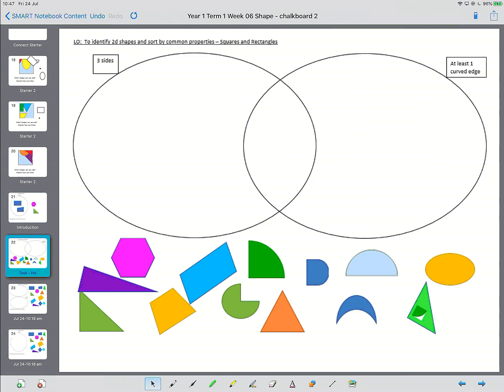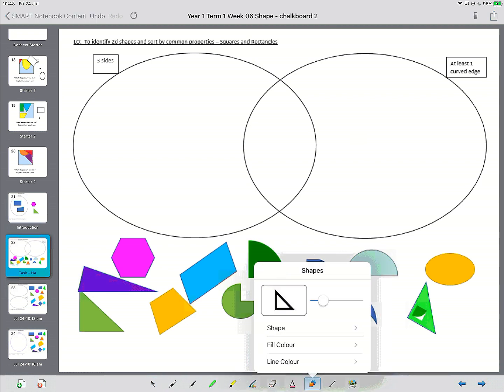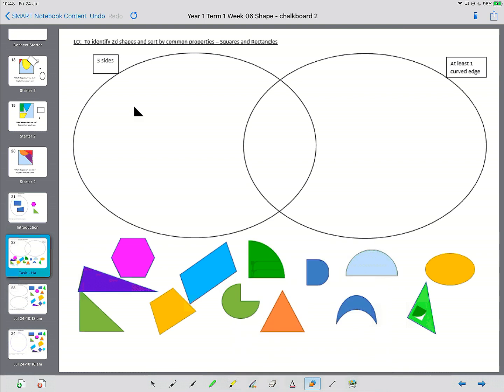Okay, and then the most challenging one is this. Now, this has got 2 different properties. So, it's got 3 sides, so that would be shapes like this, but it's got at least 1 curved edge. So, if it's got 3 sides, the shape would go there. We'd be able to put in one like this, because that's got 3 sides.